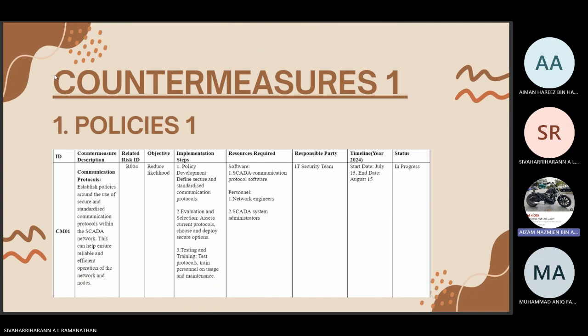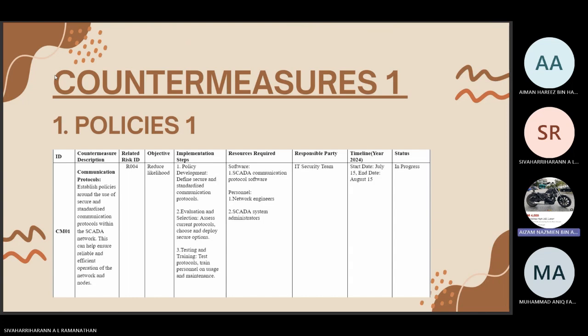Next, we will go to countermeasures. First, we have policies. CM01 focuses on establishing policies for secure and standardized communication protocols within the SCADA network to reduce the likelihood of risk identified under R04. The objective is to ensure reliable and efficient network operation and functionality.